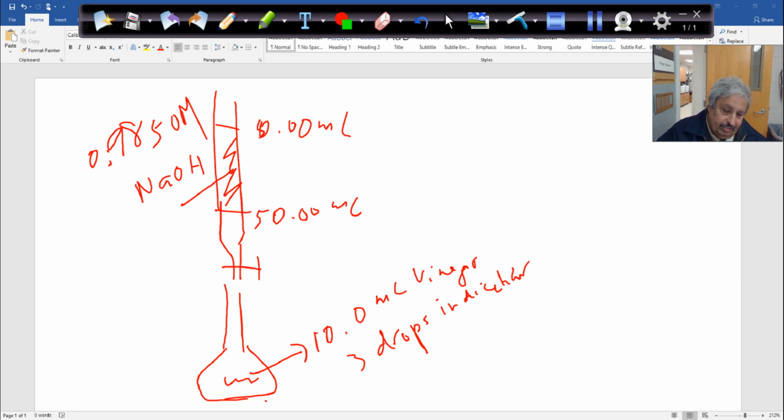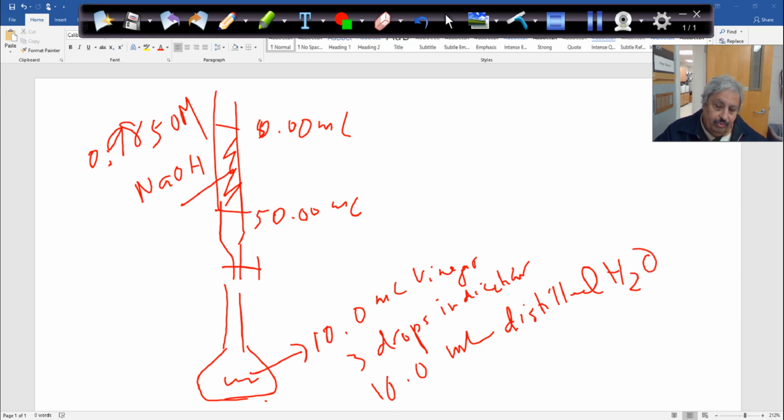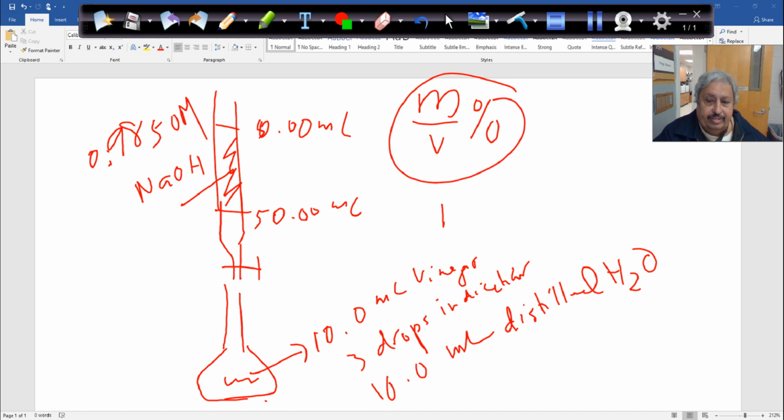It has nothing to do with the reaction, but to see the endpoint much better you added 10 mL of distilled H2O. And the question is, you have to determine mass over the volume for the vinegar and the molarity.